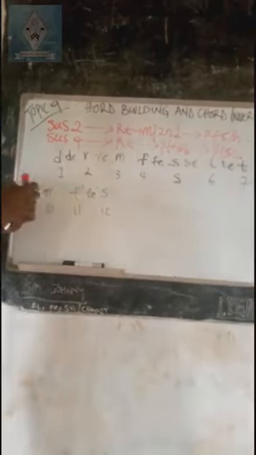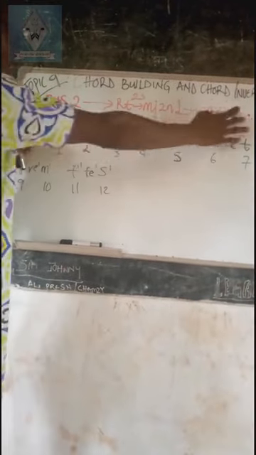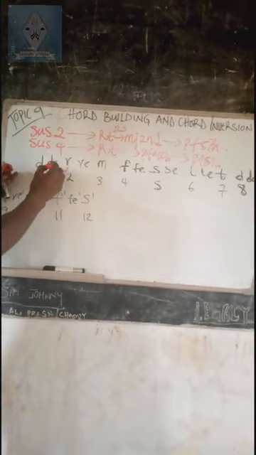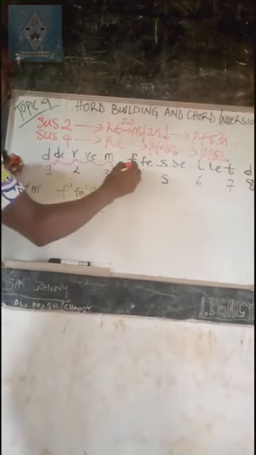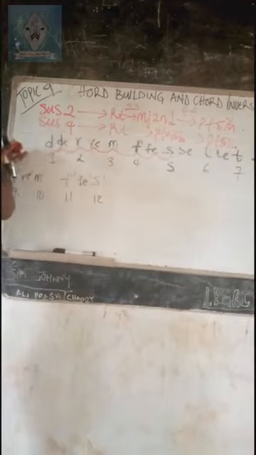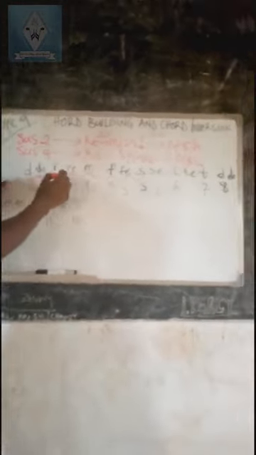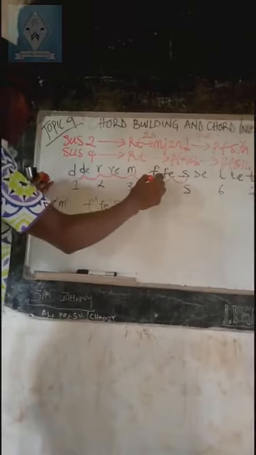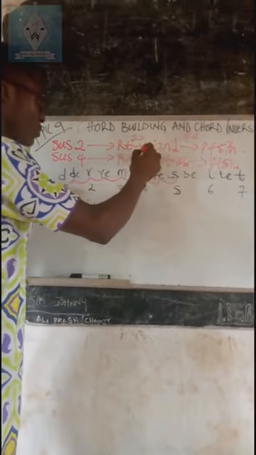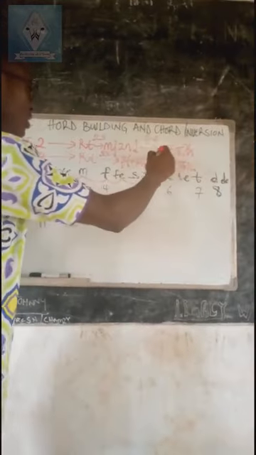Now we say from the root to the major second is two semitones. 1, 2. From the root to the perfect fifth is 7 semitones. 1, 2, 3, 4, 5, 6, 7. Now for suspended fourth, from the root to the perfect fourth is 1, 2, 3, 4, 5 semitones. From the root to the perfect fifth, as we all know, is 7 semitones.